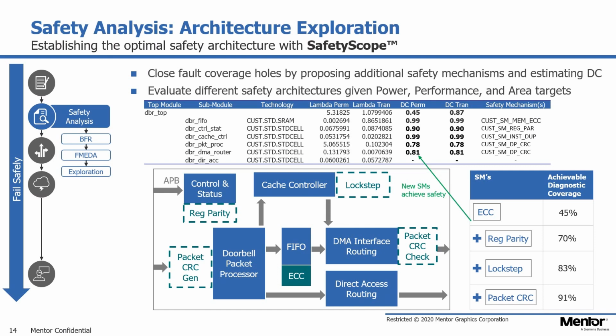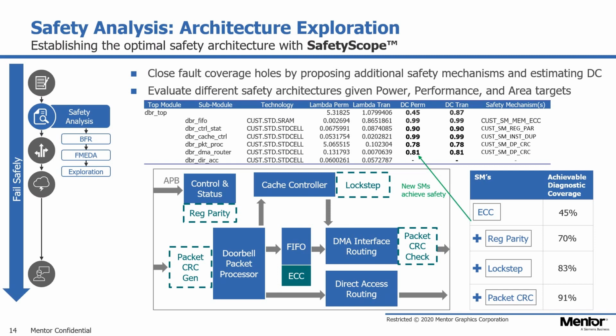So what you do from a user's point of view, you run a configuration file which contains the parts to which you want to attach safety mechanisms, and then you simply apply the proposed safety mechanisms to your design hierarchy. And then the tool starts calculating again how this manipulation would have an impact on the diagnostic coverage.